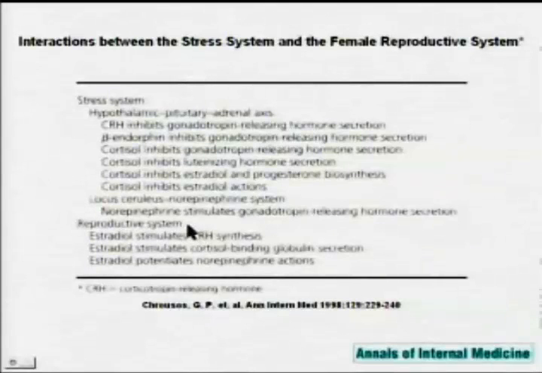You have the reproductive system, the HPG axis. Estradiol stimulates CRH synthesis, contributing to a vicious cycle when stress is excessive. Estradiol stimulates cortisol-binding globulin secretion, so you can transport the higher level of plasma cortisol during the excessive stress situation.